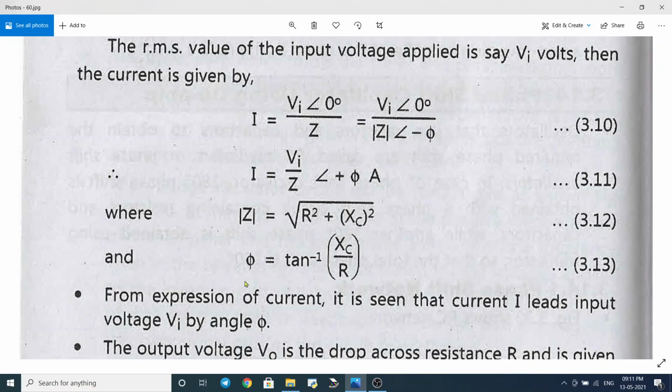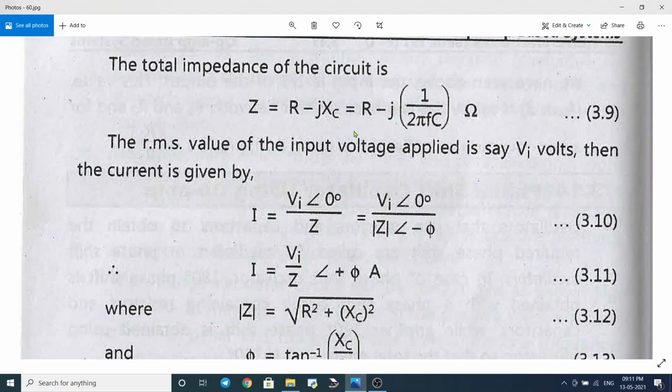Now this is important. From this equation, Z equals R minus jXC, we have magnitude of Z equals square root of the real number squared plus the imaginary number squared, that is square root of R square plus XC square.